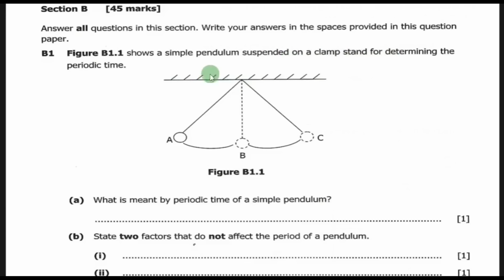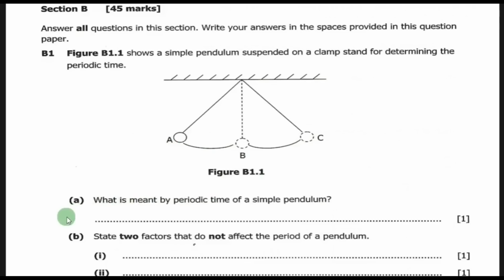There's no clamp stand. They forgot a lot of things. Nevertheless, the question is okay as it is. We have a support to which a simple pendulum is suspended, oscillating between positions A, B, C.